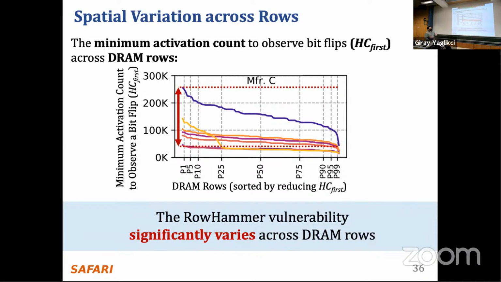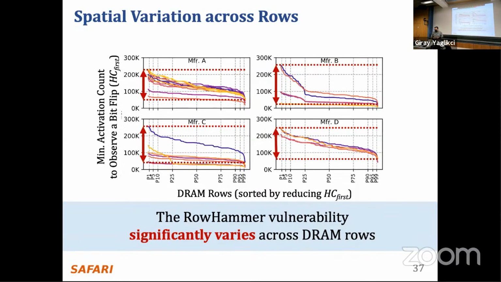You see a huge difference between the most vulnerable row and the least vulnerable row, and a huge variation of values across different rows. When we look at all four manufacturers, we again see different HC first values and a huge variation. So we conclude that the RowHammer vulnerability significantly varies across DRAM rows.